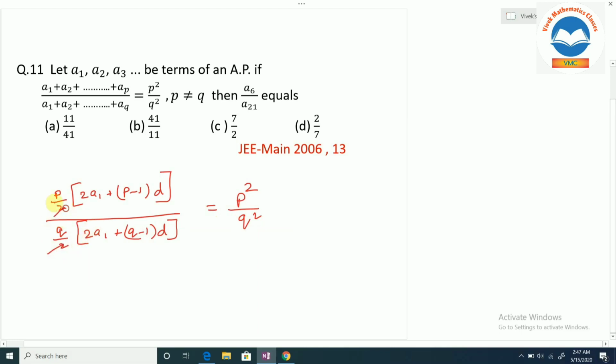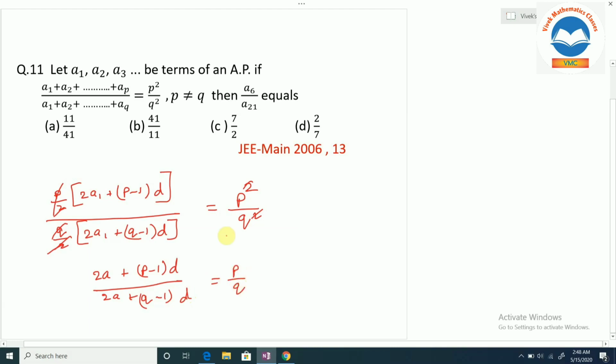So here 2 and 2 will be cancelled, P by Q will be cancelled out with the right side. So we will get 2A plus (P minus 1) into D divided by 2A plus (Q minus 1) into D, and this value will be equal to P by Q.